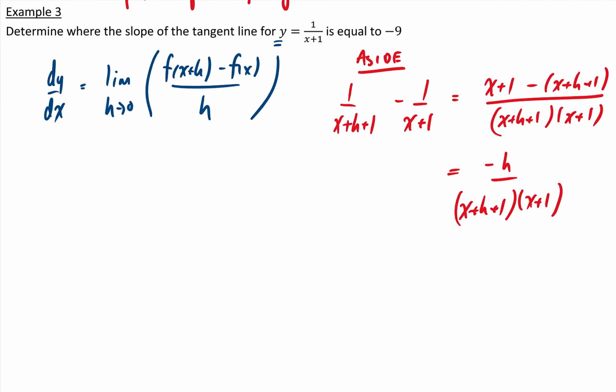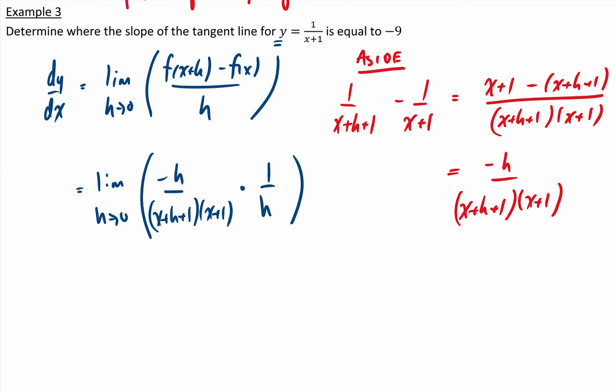So let's sub that into our formula for the slopes. So this is the limit as h approaches 0 of negative h over x plus h plus 1 times x plus 1, and then divided by h, or if we divide by h, we're going to multiply by 1 over h.